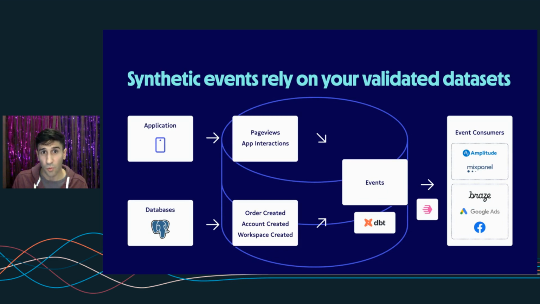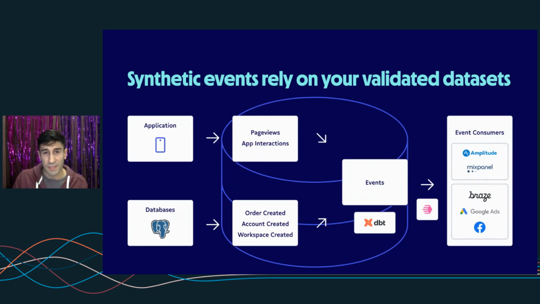But in reality, the orders being created or the accounts being created, these could be built off the back of a long series of transformations to strip out test orders or test users, as well as compute validated attributes about those orders and users. And now, when you have this data available in the warehouse, something magical happens. You can actually have a one-to-one match between your BI reporting built off the back of these entities and the events data set that you have in your warehouse.